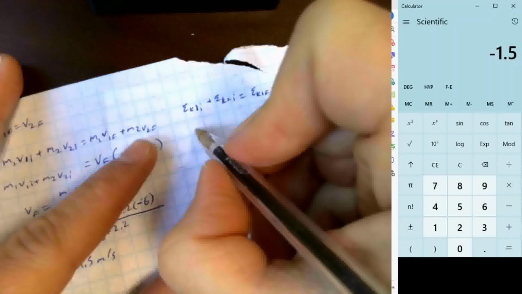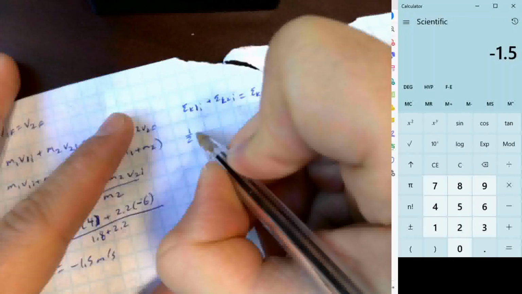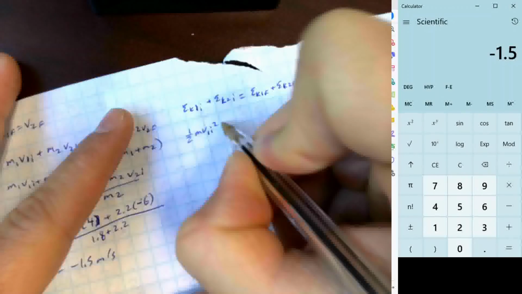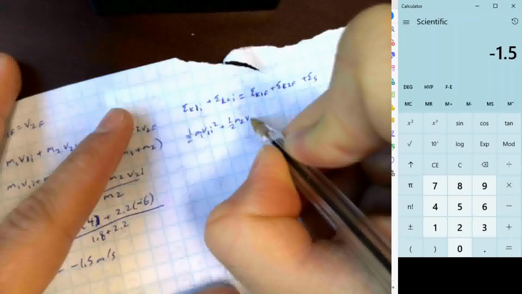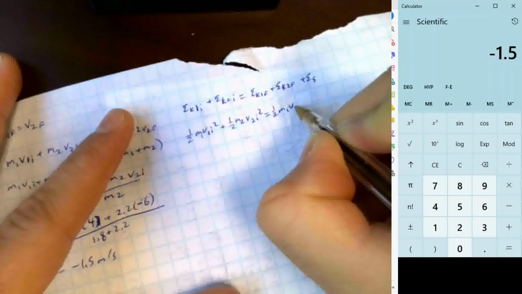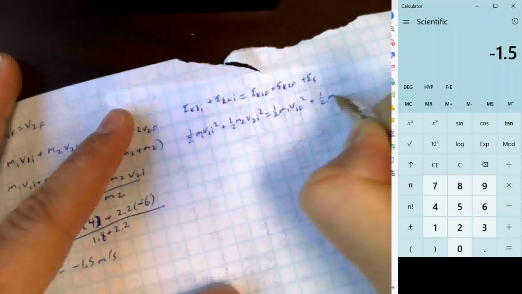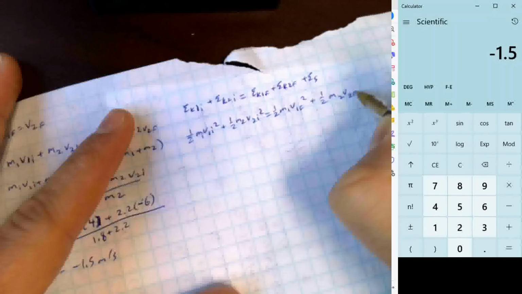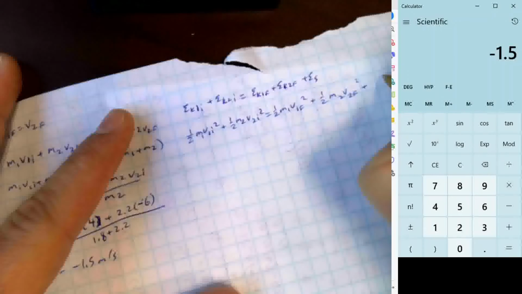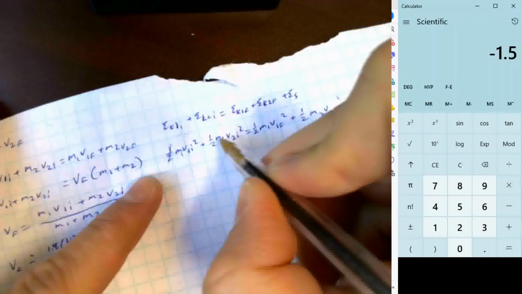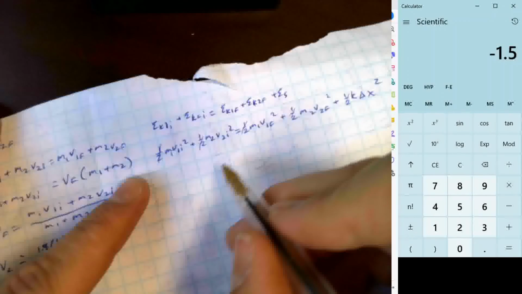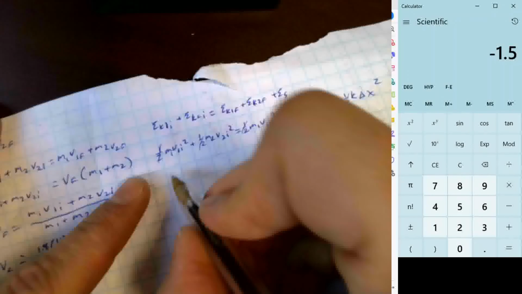And that is 1/2 m1 v1I squared plus 1/2 m2 v2I squared equals 1/2 m1 v1f squared plus 1/2 m2 v2f squared plus 1/2 of k delta x squared. This v1f and this v2f are the same, so I'm just going to call them vf. These 1/2s, I can get rid of by multiplying both sides of the equation by 2. I need to solve for the delta x.